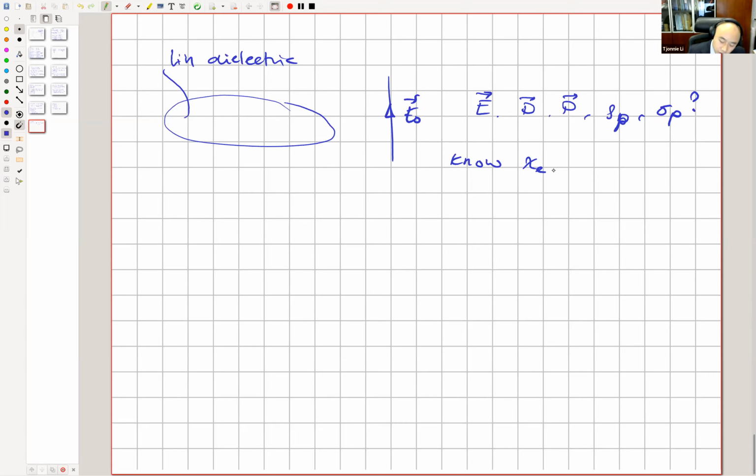Okay, so I'm going to give you 2 minutes to think about how you would calculate all of these factors over here. What are the steps that you need to take?